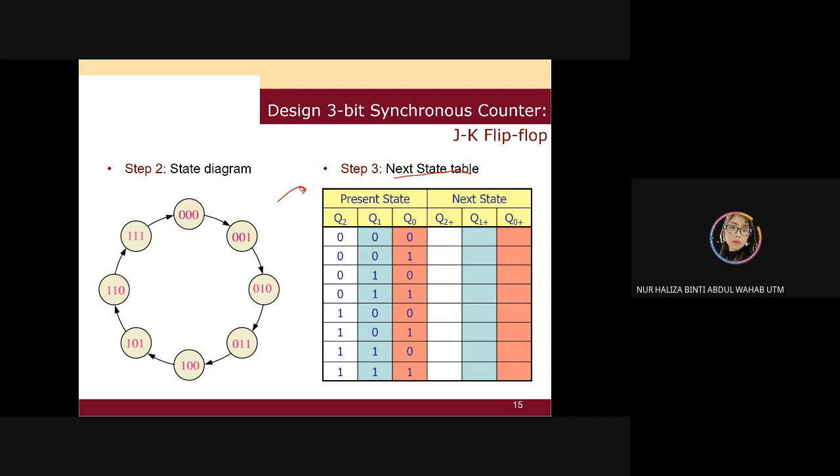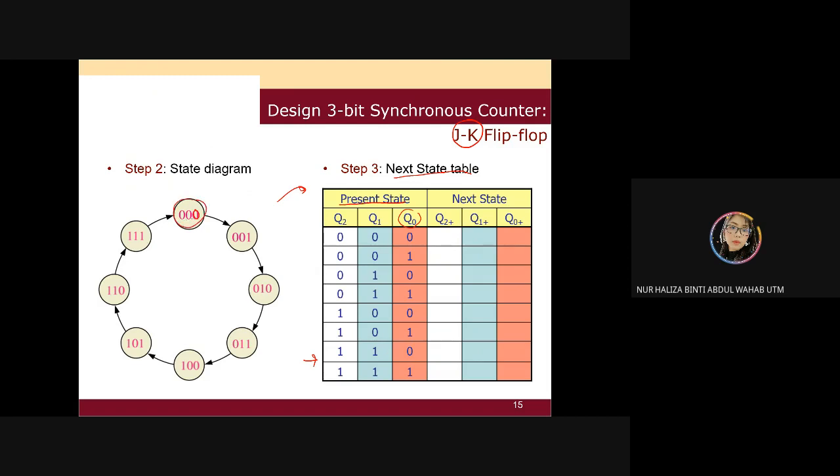So what has happened? You need to remember about the JK flip-flop. Now you're going to list all the Q0: 0, 1, 0, 1, 0, 1, 0, 1, and everything here is stated already as your present state. Now, how about your next state? You refer to this.